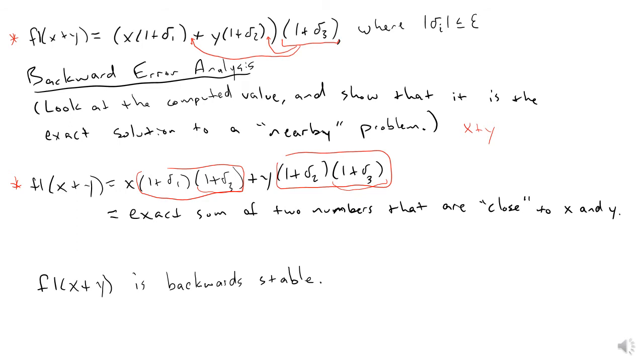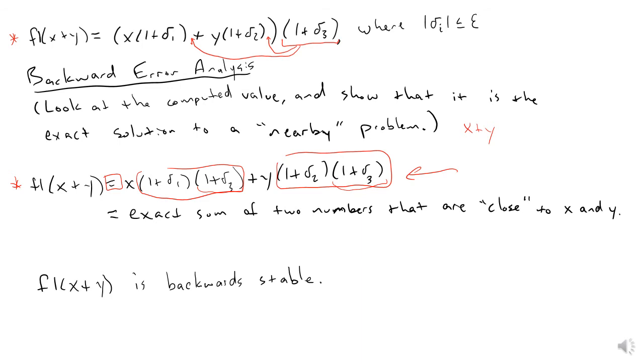But here, if we do backward error analysis, all we're doing is just looking at our final result. Our final result is the exact sum of two numbers that are close to x and y. So in other words, this floating point addition of x plus y, I'm getting some number out of this, and that number is this exact sum that I have written here in this line.